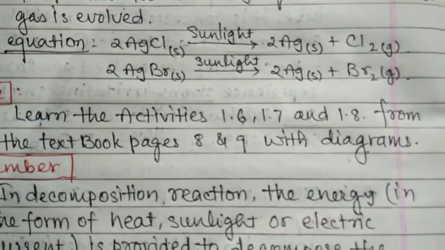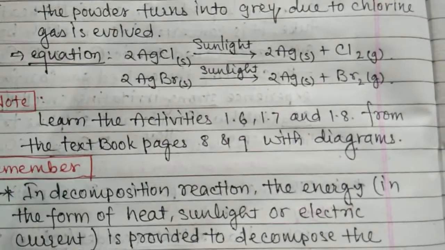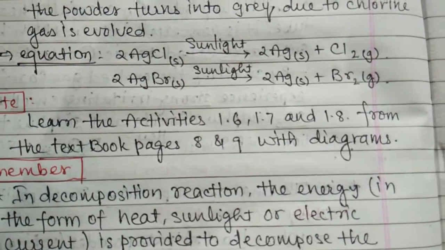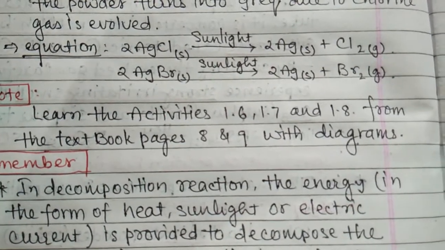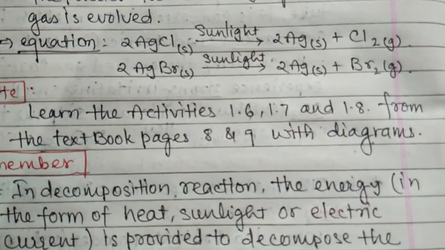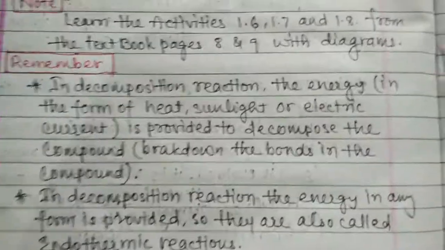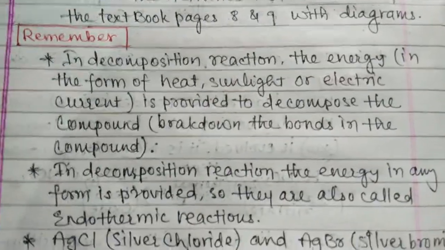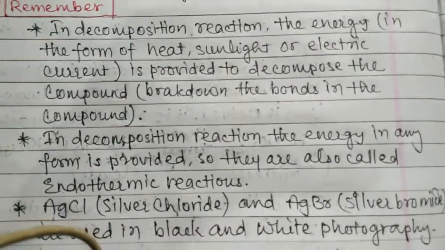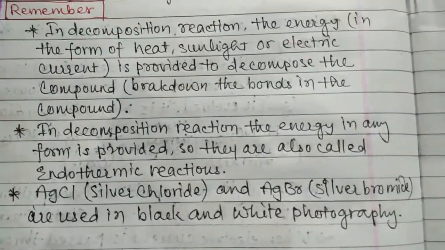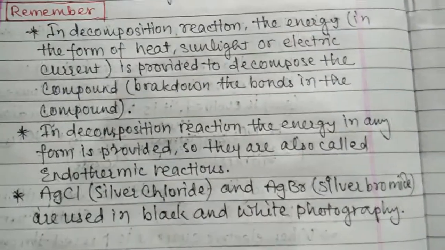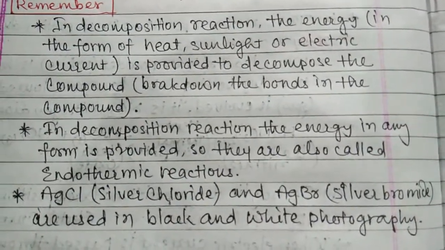Now, all these activities 1.6, 1.7 and 1.8 from the textbook should be learned with diagrams, because in the examination the diagram should be drawn. Now these three points should be remembered in your mind.